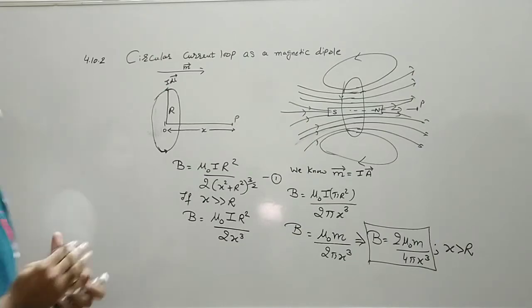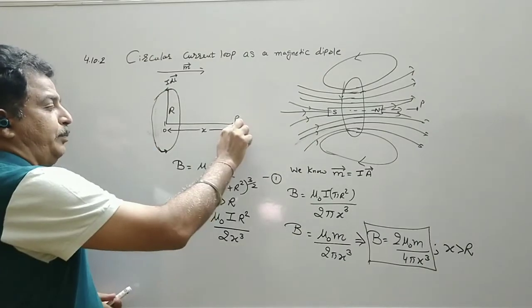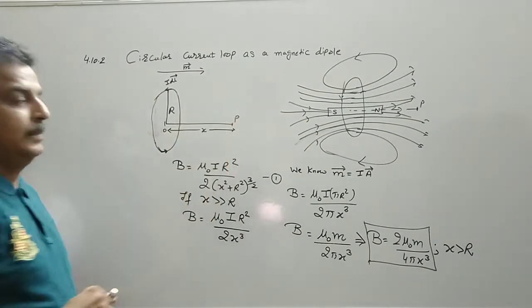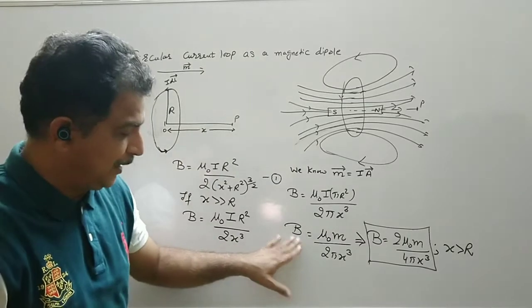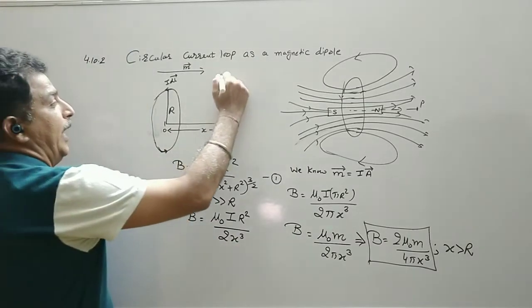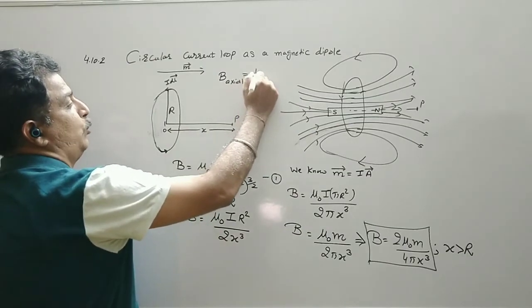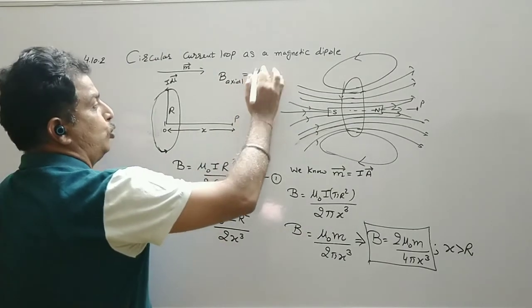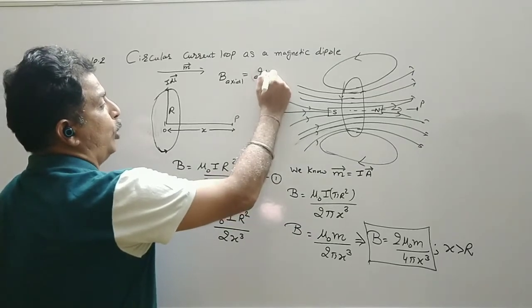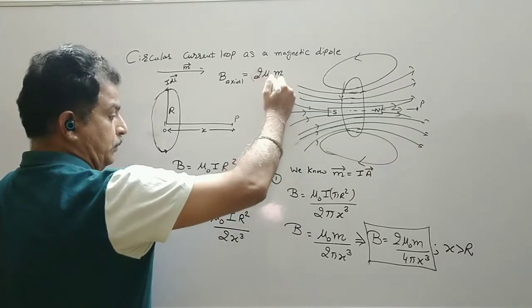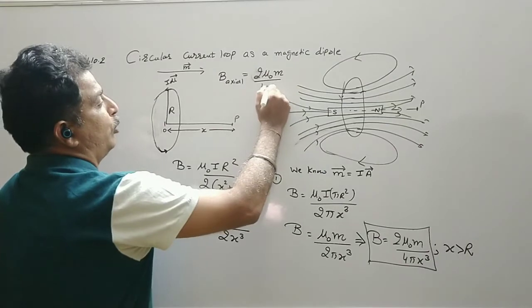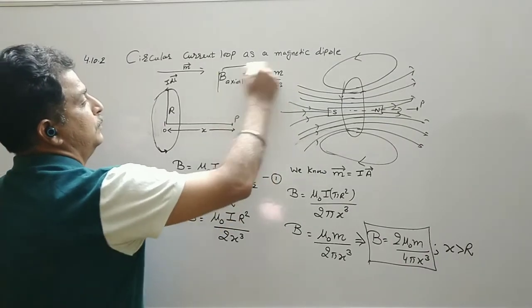Now if P is a point which is along the axis, this is the magnetic field intensity at the axial point of a circular loop, that is B axial is equal to 2 mu naught M upon 4 pi x cube.